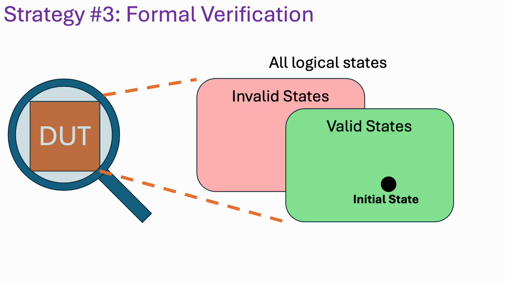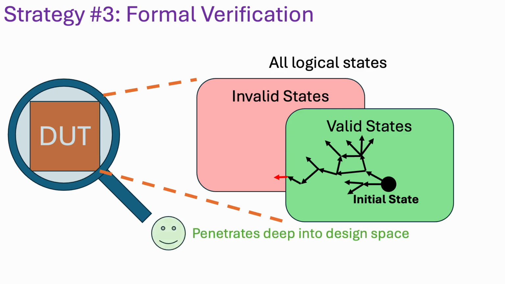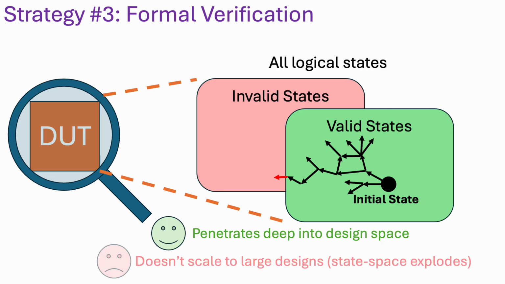And then you start with the initial state and trace through this whole web of different possible outcomes, making sure that you never have a valid state transition into an invalid state, because that means the design isn't doing something correctly.